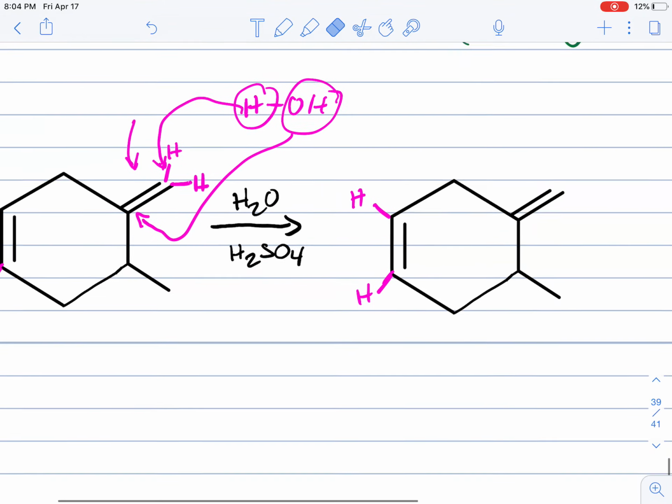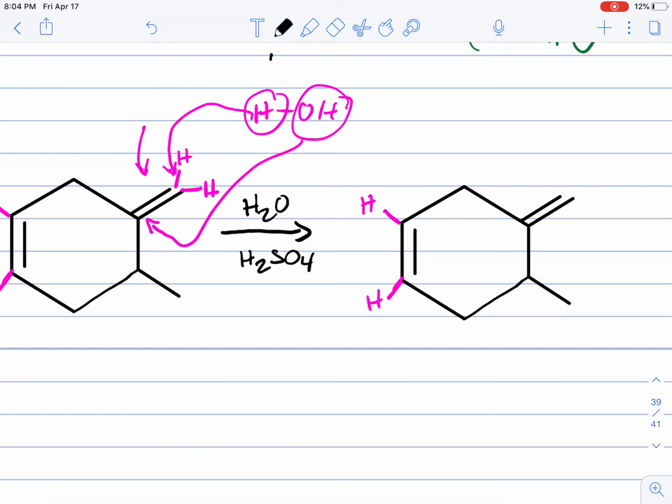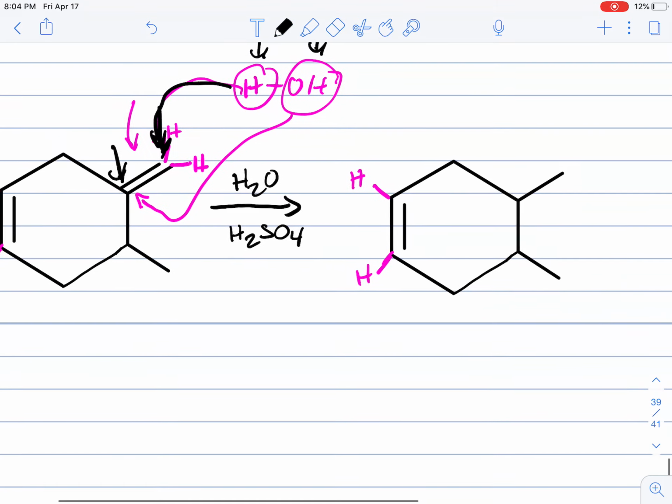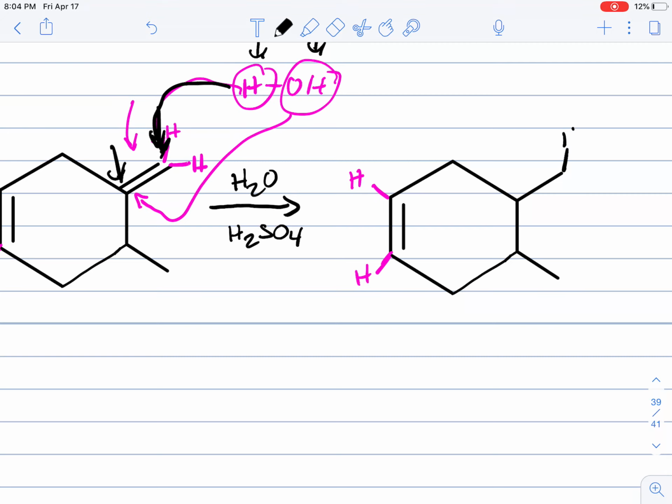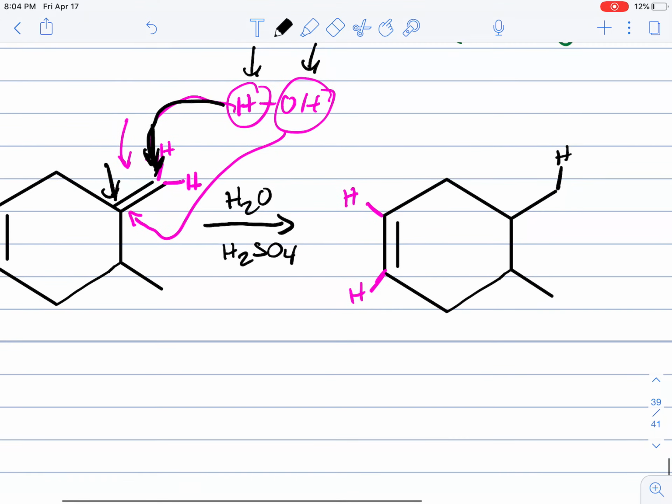All right, so if I'm trying to attach the hydrogen and the hydroxyl group onto this carbon and this carbon, the hydrogen is going to go to the carbon on the right. And so when that reaction occurs, you need to erase your double bond and you need to add that hydrogen from water.